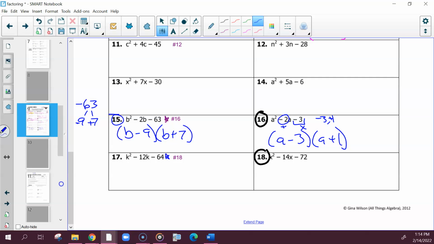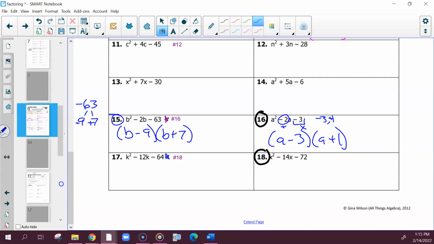As you're going through, before you even get answers, I would look at it and say, okay, this is plus plus or positive positive. My answers are going to be positive positive. This is positive negative, so my answers are going to be a positive and a negative, but the negative is going to be the smaller number.